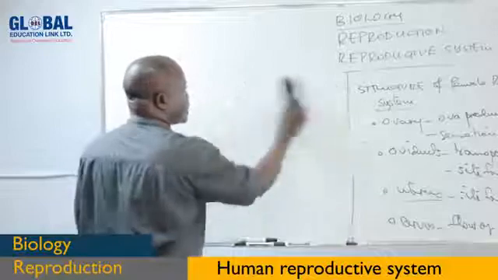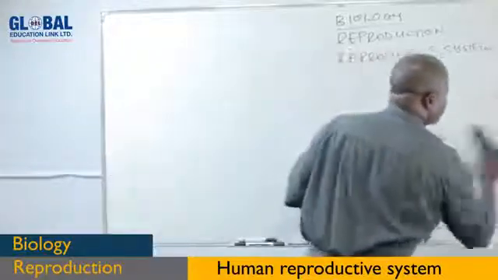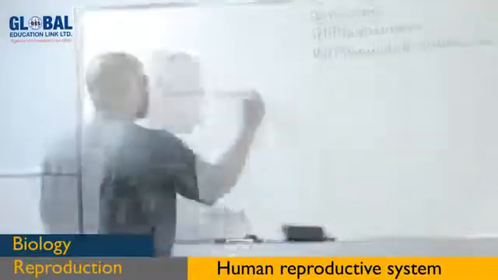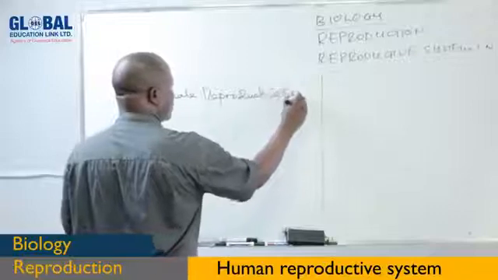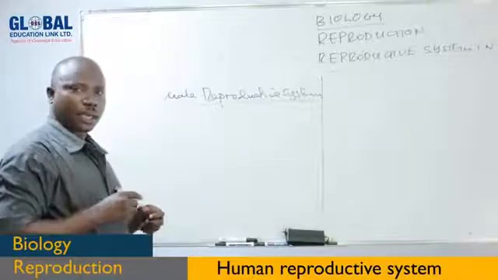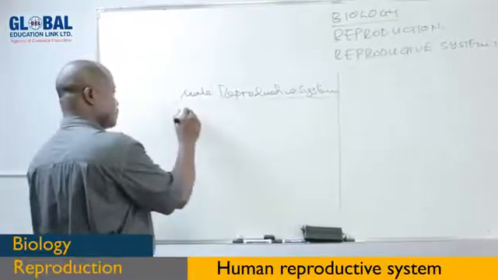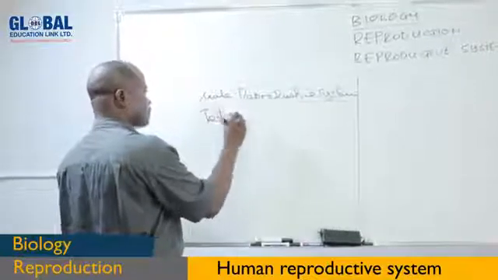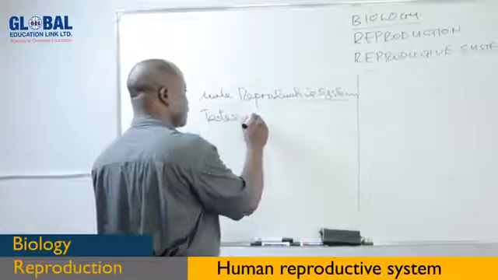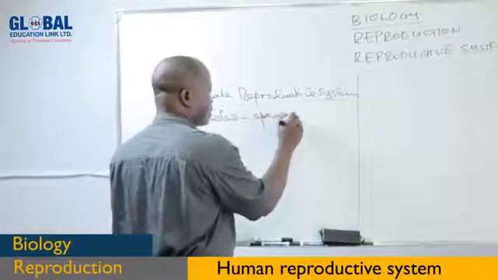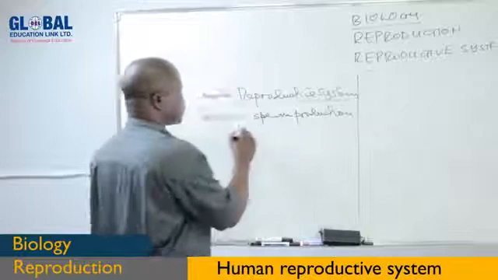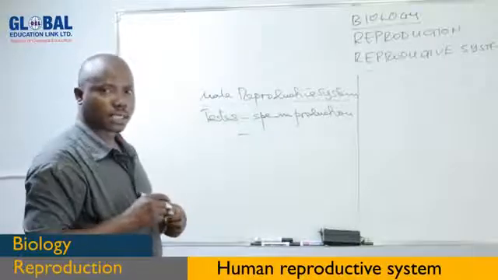Let us see the male reproductive system, particularly the inner parts. The inner part of the male reproductive system consists of the testes. Like in female, this forms the site for sperm production, but also production and secretion of sex hormone.